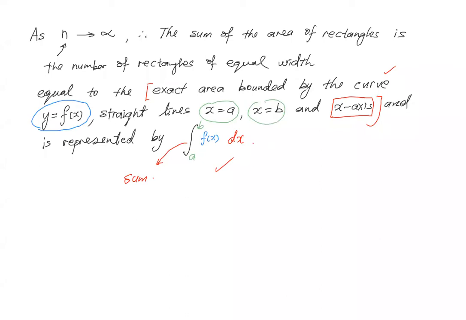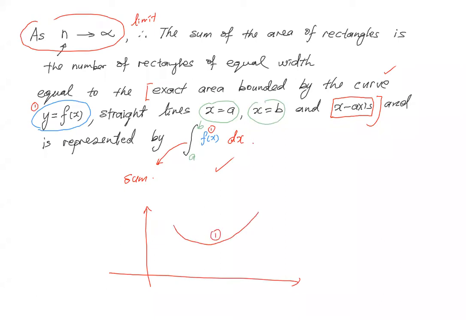And how we come to this is because, so this is what we call limit. So in differentiation, you got limit. In integration, you also got limit. So there are 4 boundaries here. 1, the curve. This is the first one. Second boundary, x equal to a.